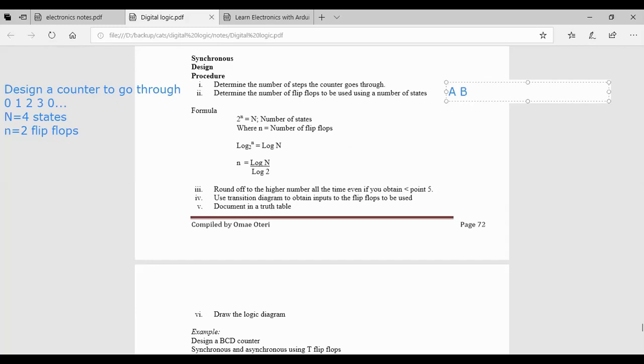Then we have B. We can call this present state, we just call it PS. And then the next one, we call it next states. And then the next one, we call it flip-flop inputs.